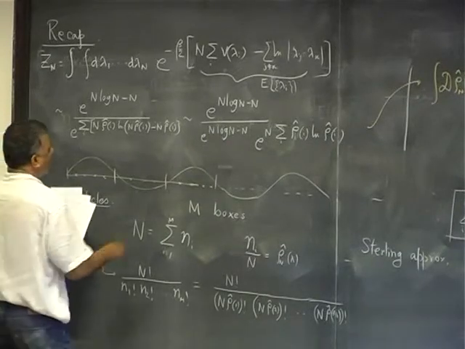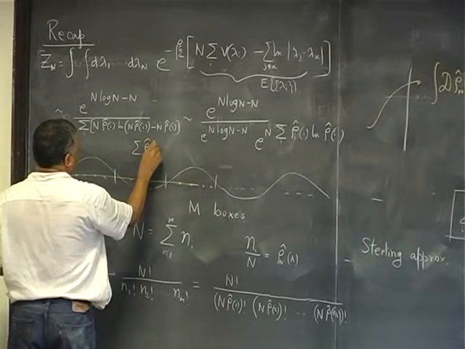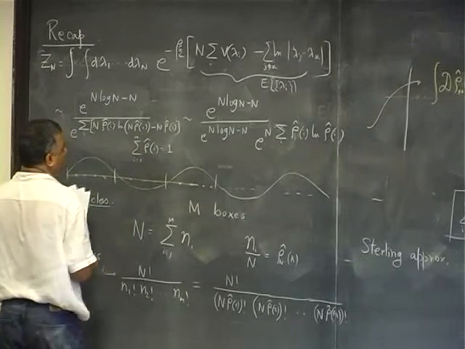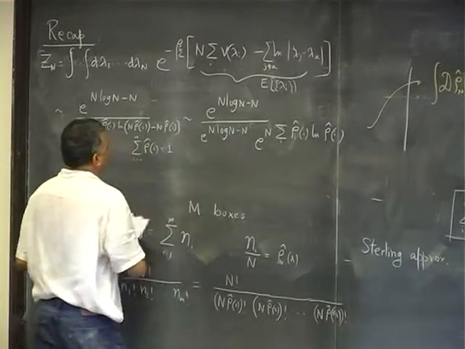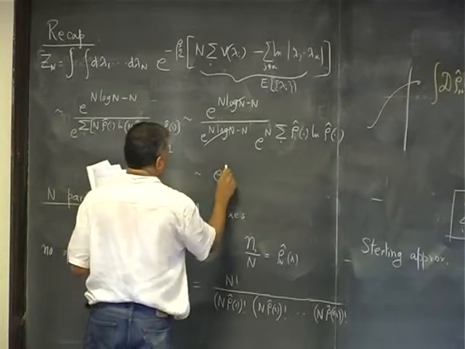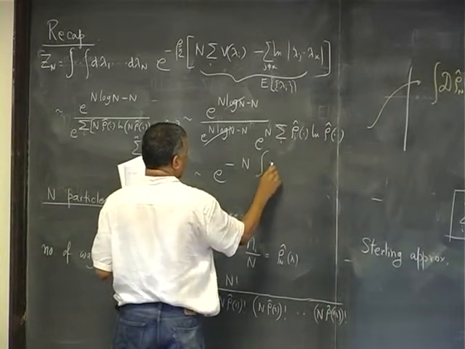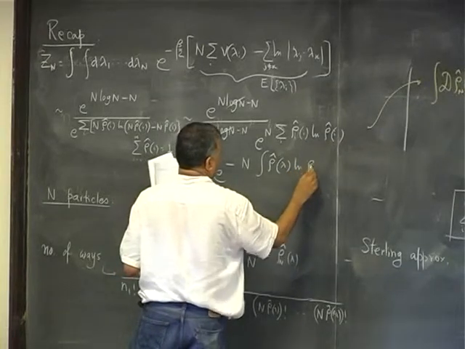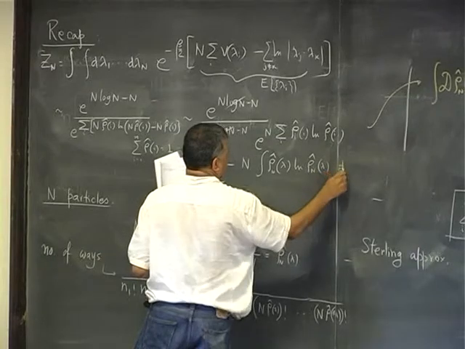You can use the fact that summation rho i hat is 1, by definition. So then you're done. This factor cancels up there, and so it becomes exponential minus n, and now I can replace this sum by the integral, rho hat lambda log rho hat lambda d lambda.